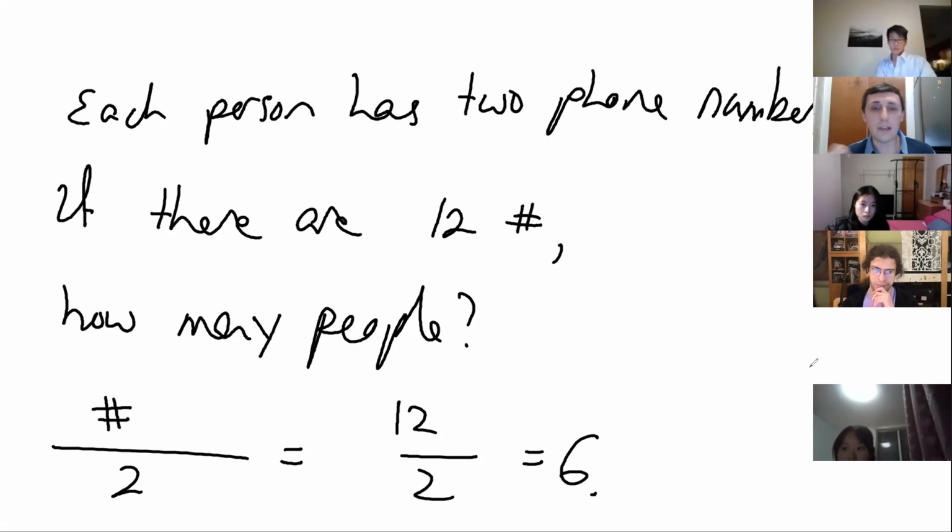Now, if that situation were not true, let's say some people have 1 phone number and others have 5 phone numbers, then there is no reason to divide. You see that, guys? It's not as simple, right? The situation is that each particular individual has exactly k names. Then you divide by k.